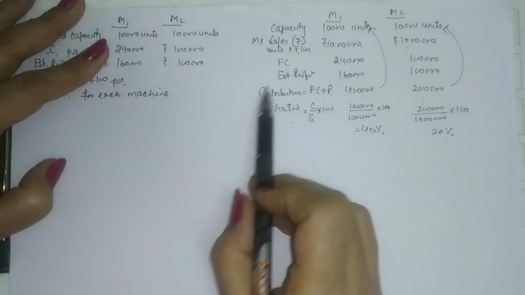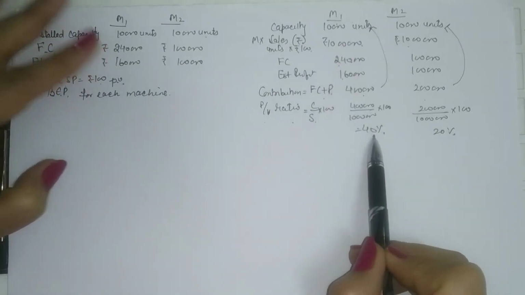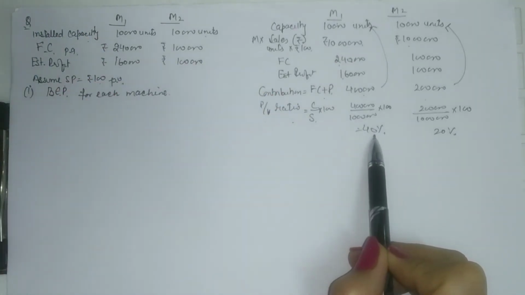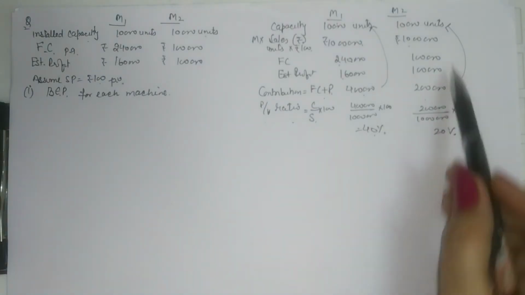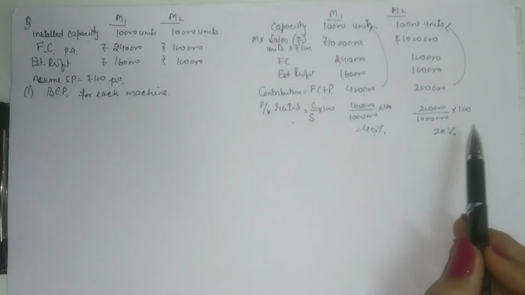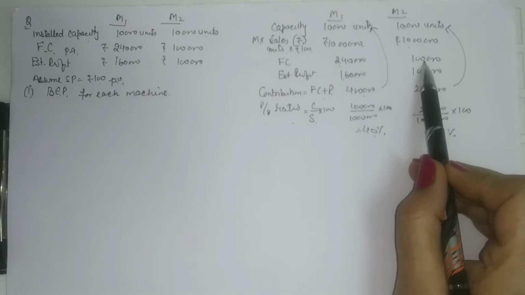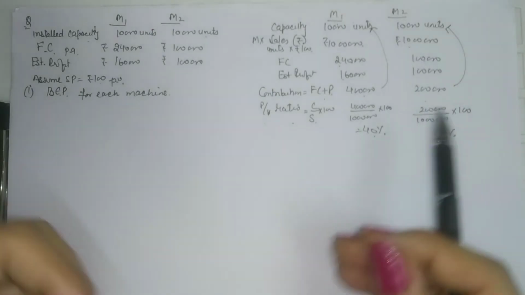Reason being, this method is having higher fixed cost, but it is having higher profitability also. Its variable cost component is 60% and here the variable cost component will be 80%. So this method is having lower fixed cost, but it is having higher variable cost. So we cannot make a direct choice.